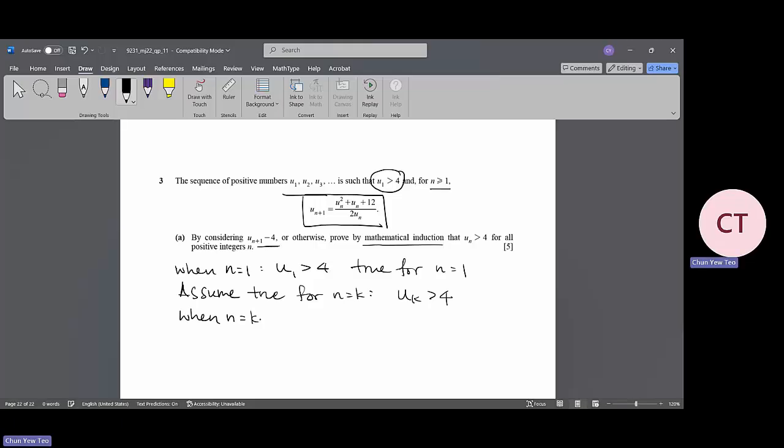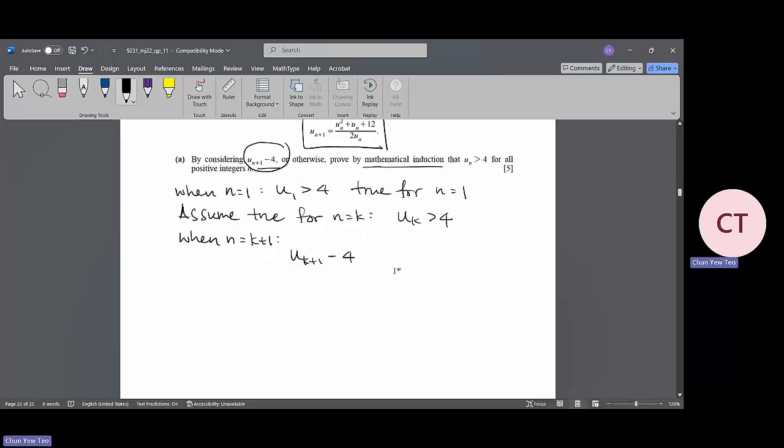When n is equal to k plus 1, you have uk plus 1 minus 4, as suggested by the question. Just take uk plus 1 minus 4. That will be equal to uk squared plus uk plus 12 divided by 2uk, minus 4.